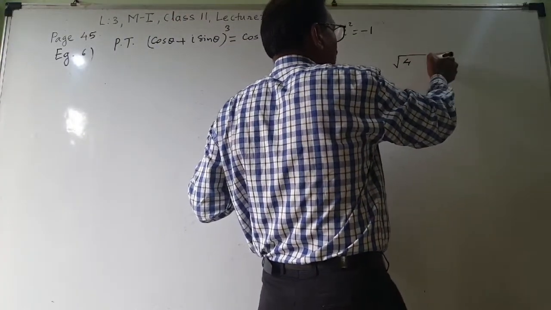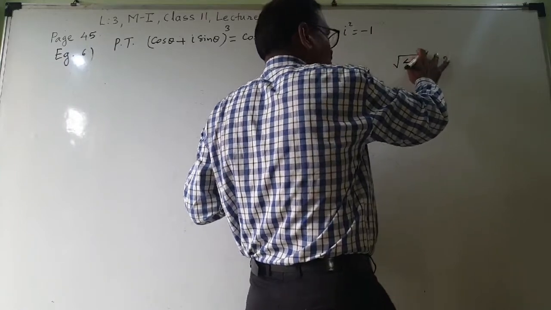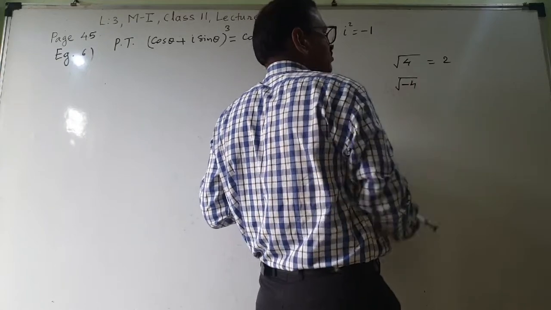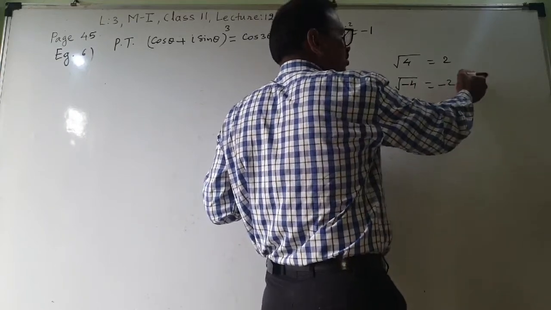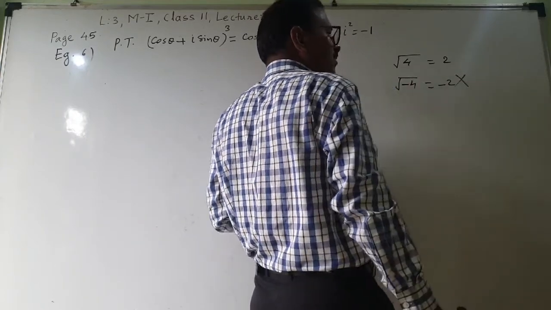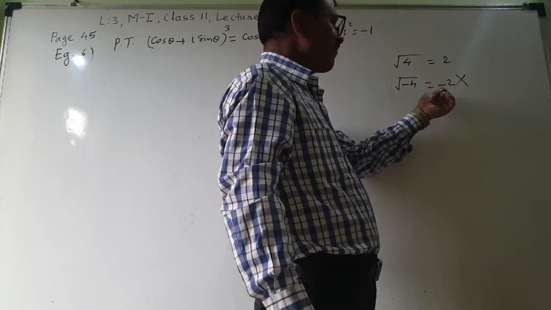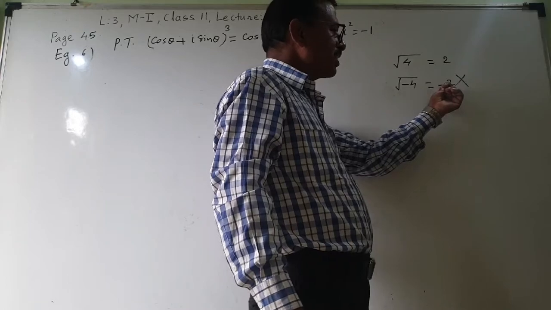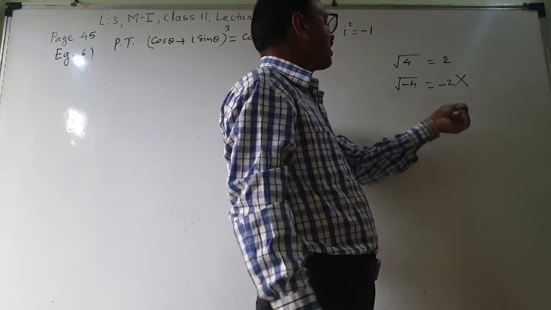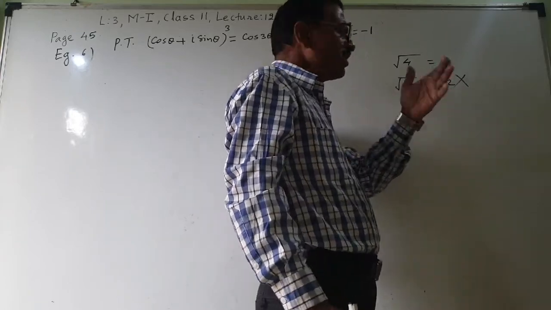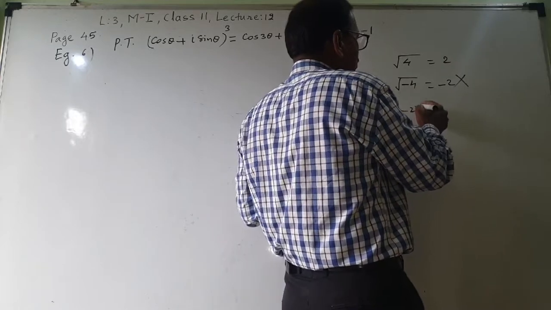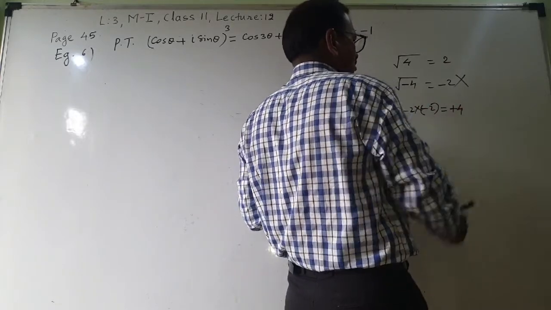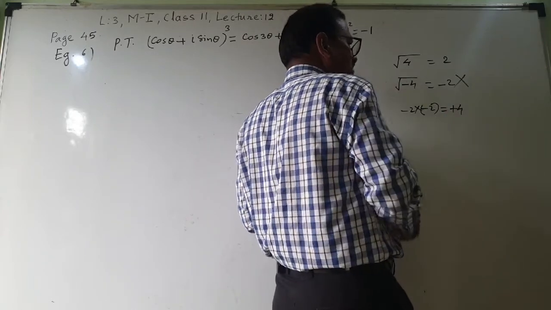Root of 4 is equal to 2, that we know. But what is the root of minus 4? Is it minus 2? It is wrong. Because how do we find the square root? Multiply by the same number. Means minus 2 into minus 2. That multiplication should come minus 4, but it is not possible. Minus 2 into minus 2 will come plus 4, it will not come minus 4.